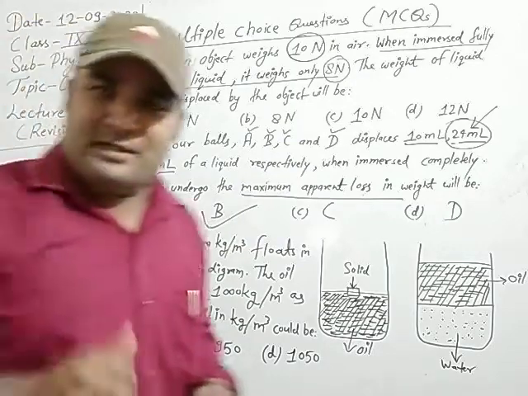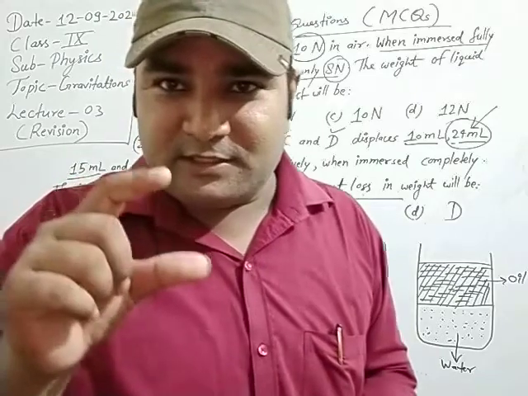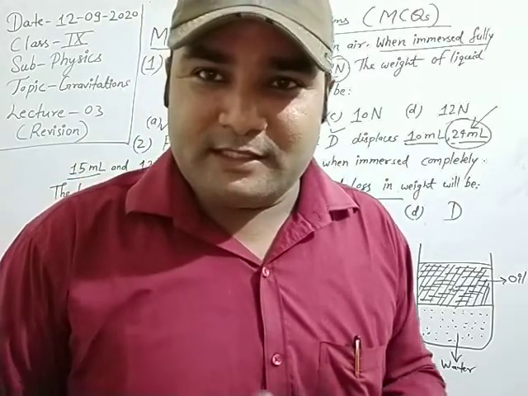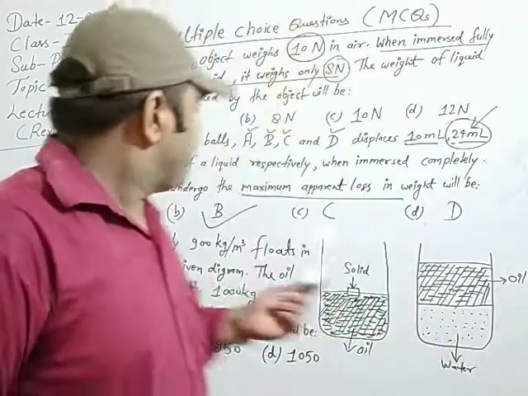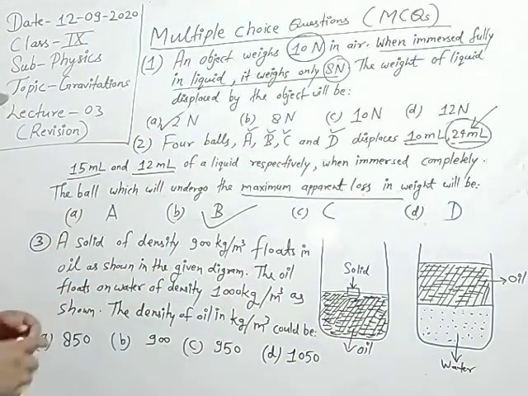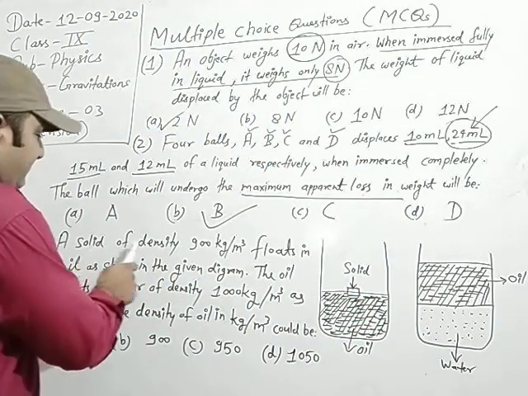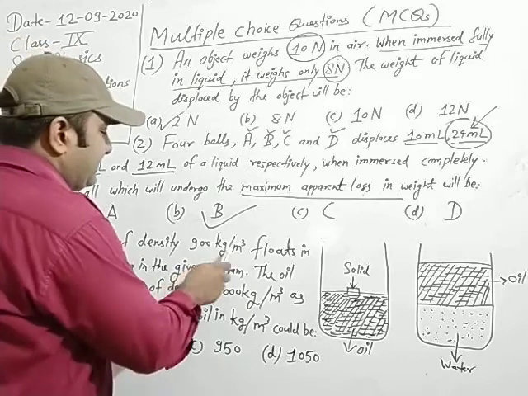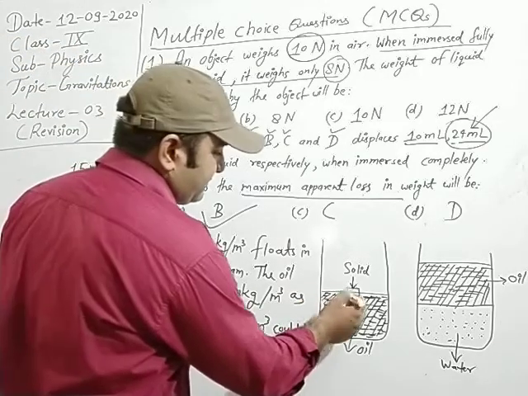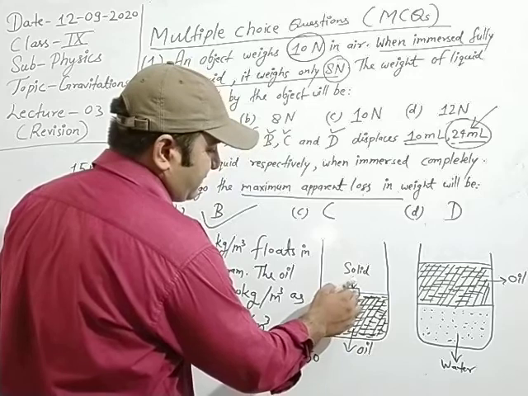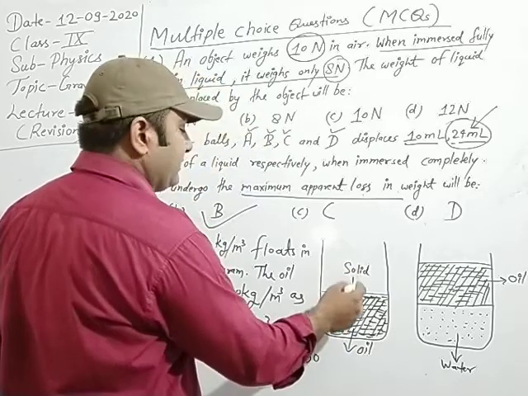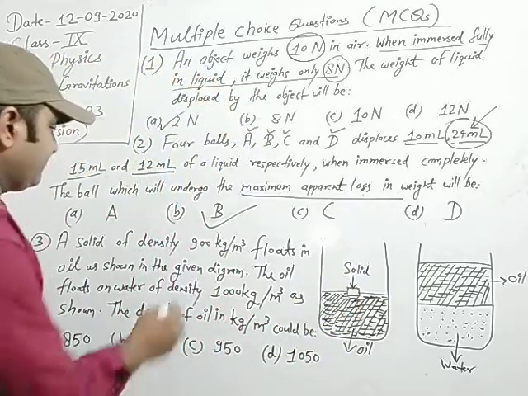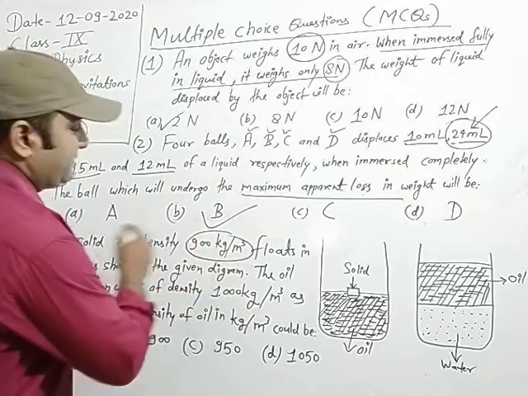After the second multiple choice question comes the third, a very conceptual and interesting question. Just see, based on the diagram concept. Here a solid has a density of 900 kg per meter cube.